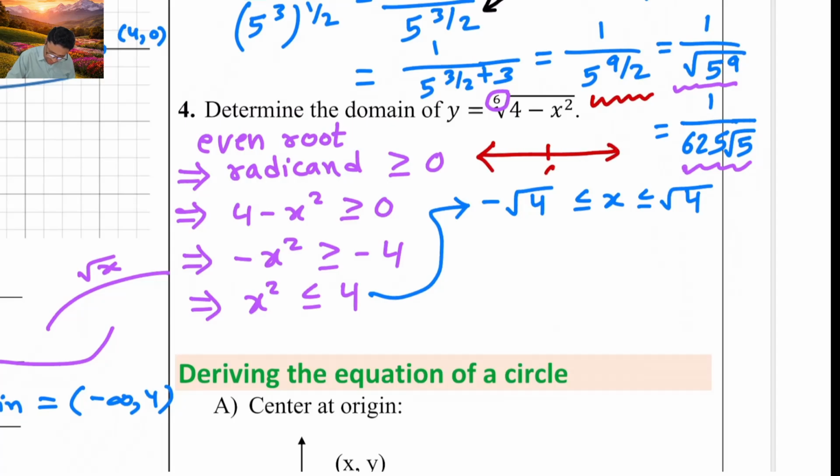On a number line, if you are saying that x has to be equal or less than 2, it's confined to this length from 0, and you are going to square that number anyway, you could as well have gone on the left side, because by squaring it would anyway be positive. But how far left can you go? The same distance, right? Which will be -2. Hence, negative under root 4 is equal or less than x is equal or less than under root 4. Okay, you have to think like that.